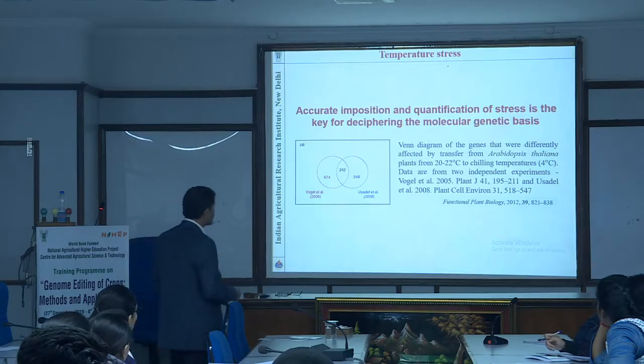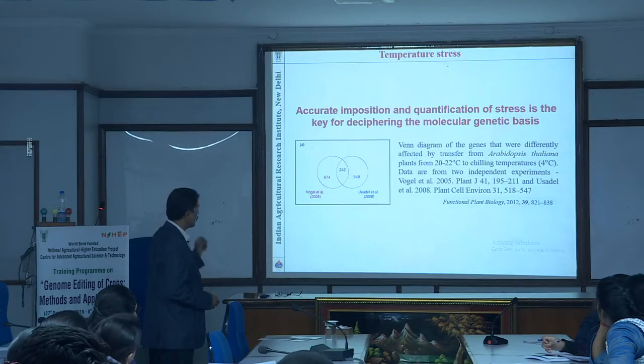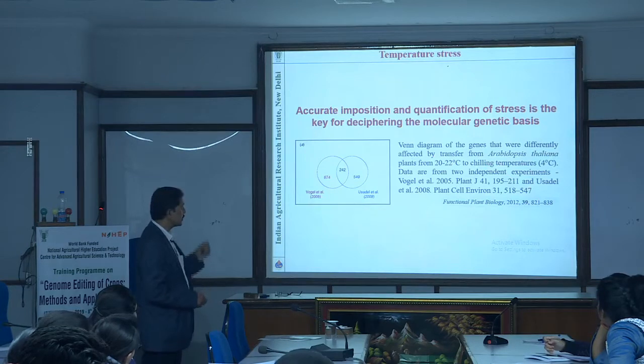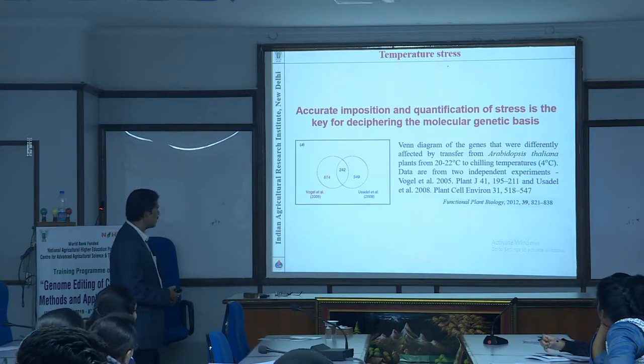So which means that the way the plants were grown, or the rate at which the temperature was decreased in this experiment, these minor details normally we don't give in the experimental protocol.